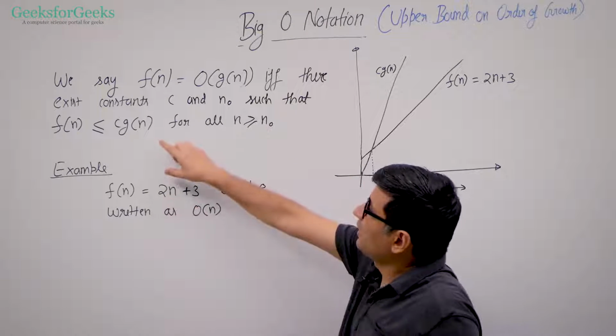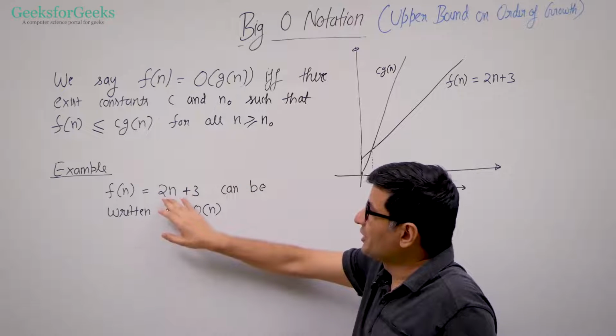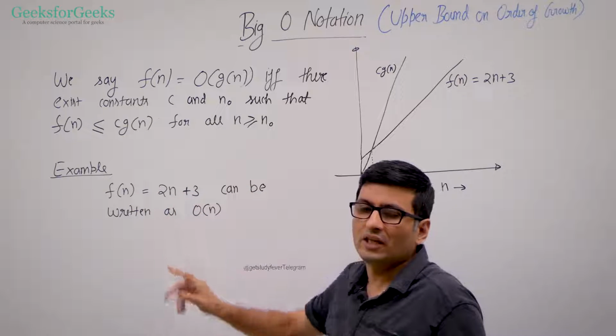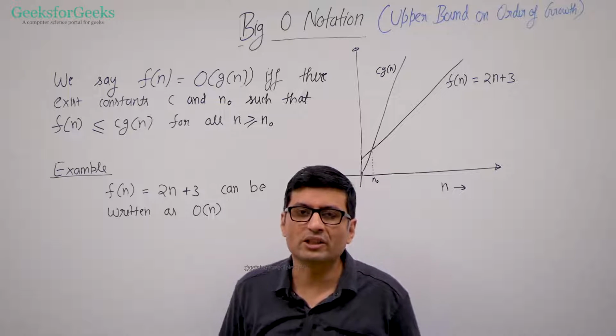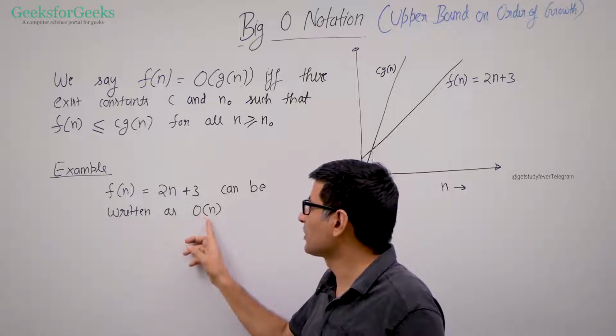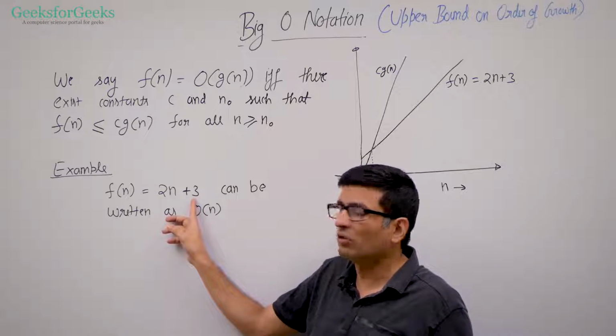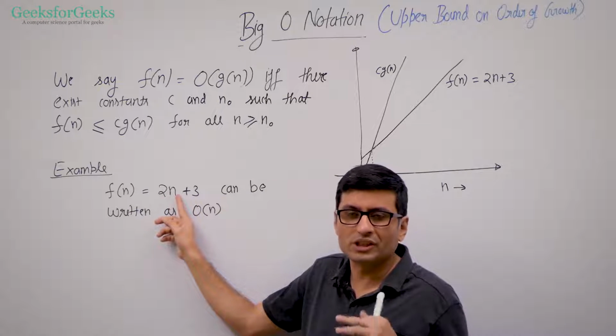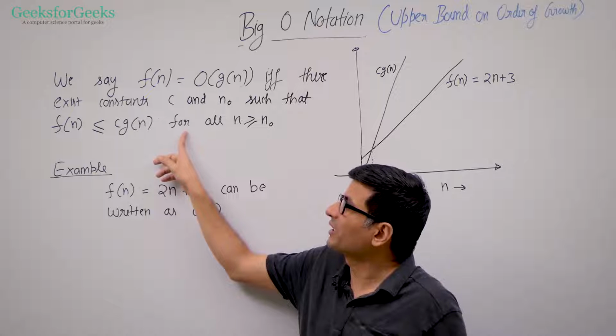So let's apply this definition to this function. We have f(n) equal to 2n plus 3, and using our direct method, we can find out it is big O of n. We ignore the lower order term, we ignore the constant, and we have only n left, so we say it's big O of n. Let's see how it is mathematically correct.